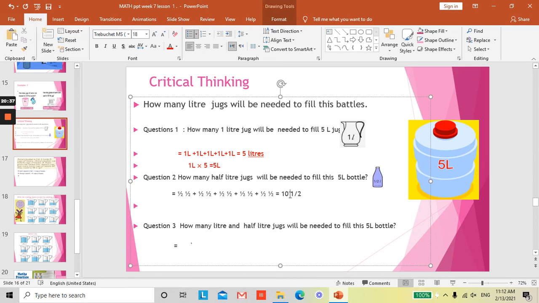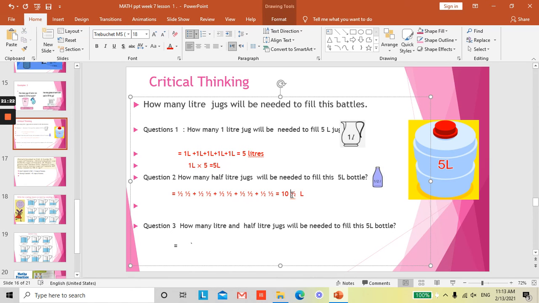10 half liters. Okay, let's move to the next one. Let me put red color. 10 half liters make 5 liters.